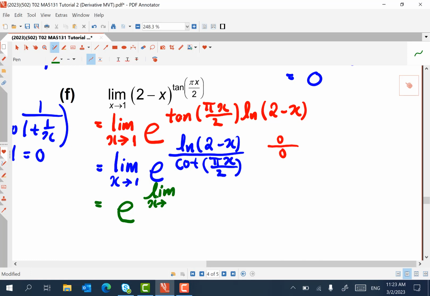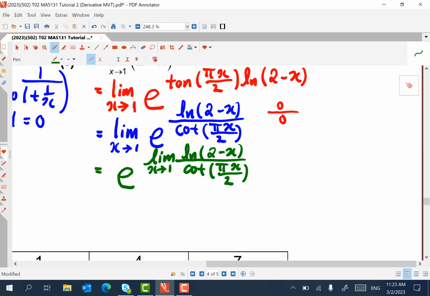You can bring up the limit like that because exponential is a continuous function. Now I can apply L'Hopital's rule on the green color. Negative cosecant squared.